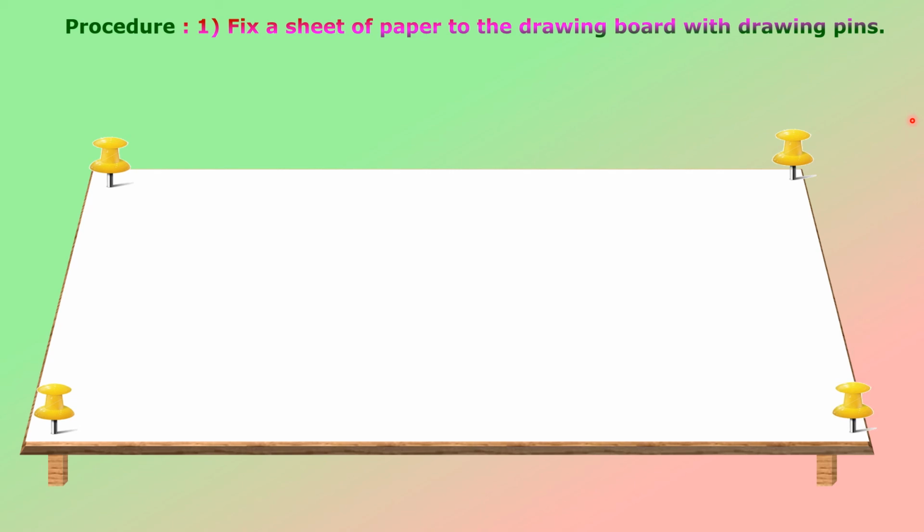We have to place the prism on the paper in such a way that the triangular base of the prism is on the chart, in the middle of the sheet. Here I am going to place the prism in such a way that it sits on the triangular base.